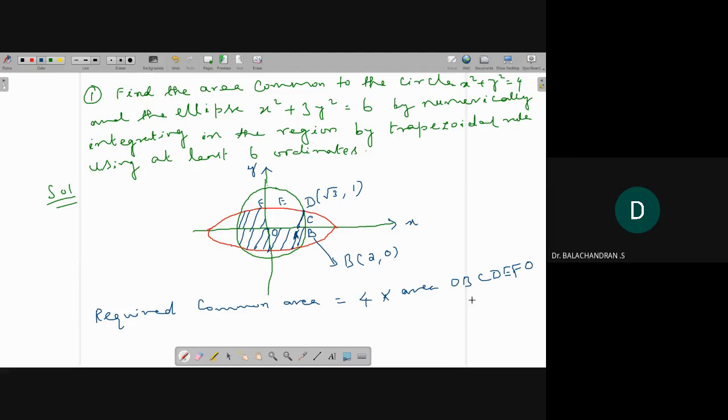Now, instead of finding this, I am going to find 4 times the area of O, A, and then after A, through this straight line, I'll travel to the point D. From D, along the arc E to point F, and then again O, plus the area of the remaining part.